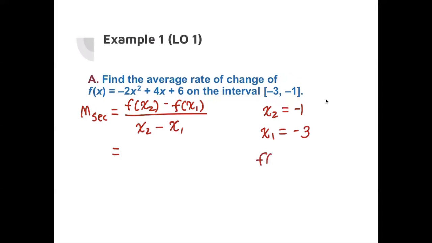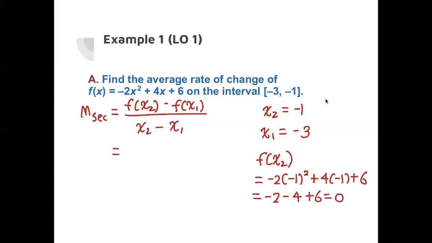What is f of x2? We can find that by plugging in -1 for x in the original function. If we do so, it would be -2 times (-1) to the power of 2 plus 4 times -1 plus 6, which would be -2, -4, plus 6, 0.